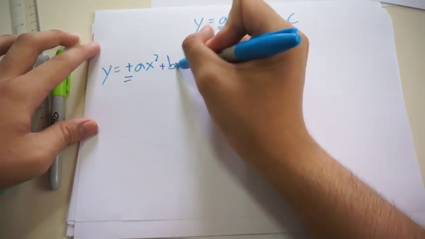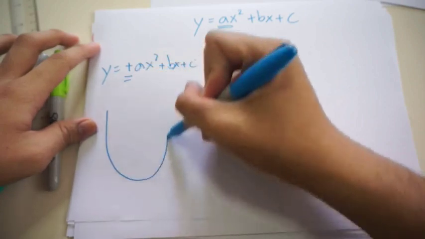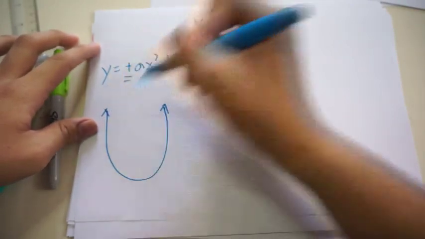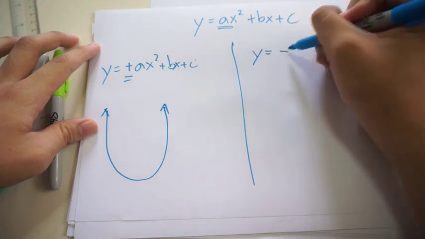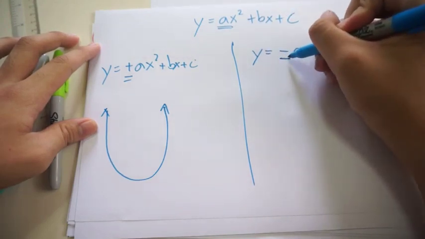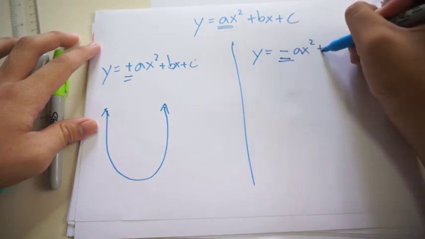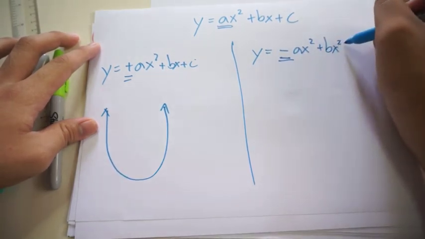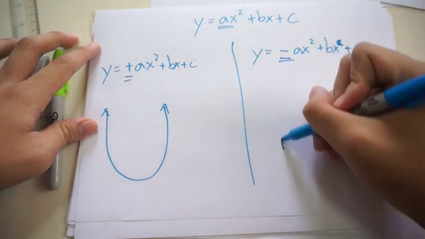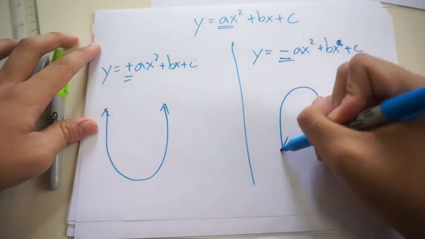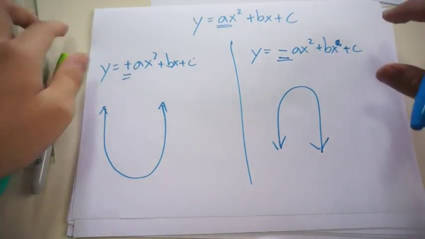However, if the form is expressed in a negative, like this, the graph will be downward. So that's our first question.